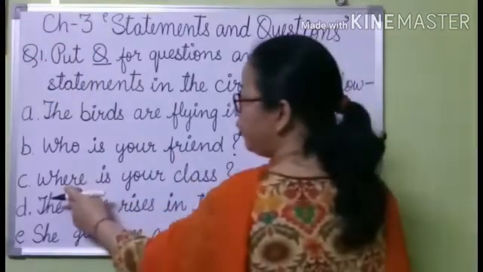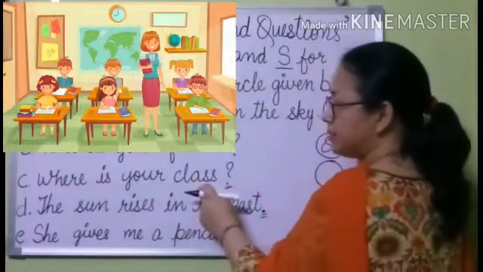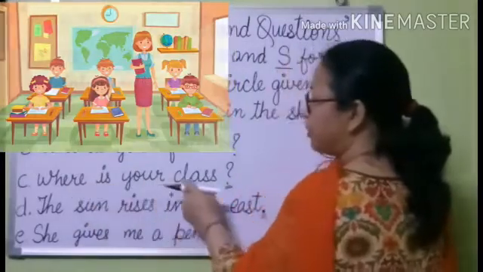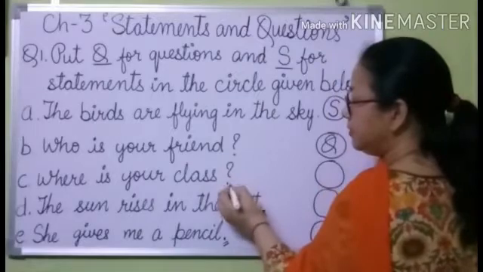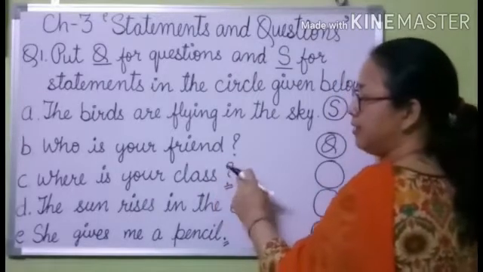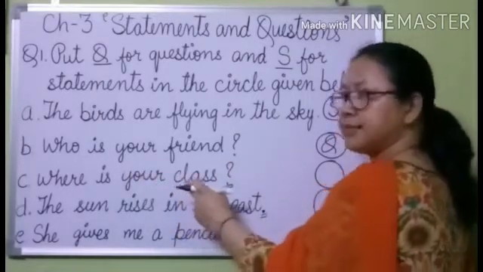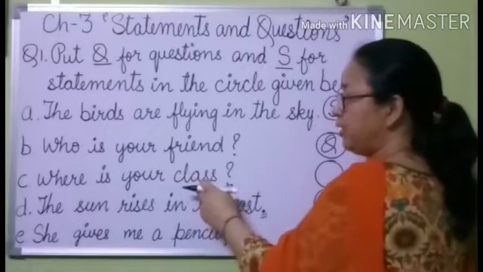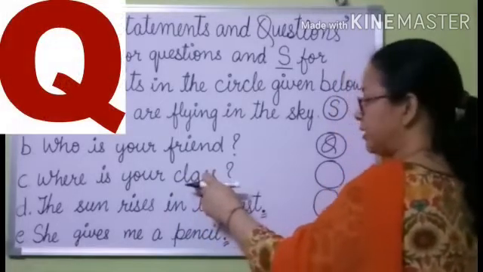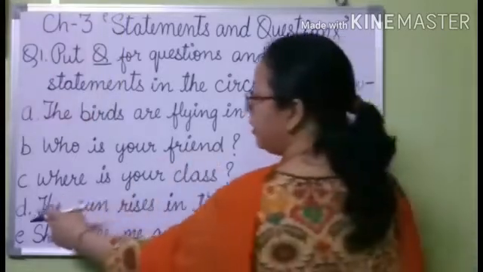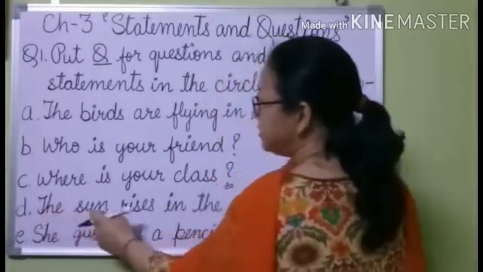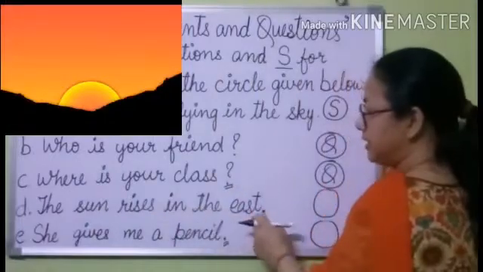In C, where is your class? Again, this sentence ends with a question mark and it is an asking sentence, so it is also a question. So we write here Q. Now in D, the sun rises in the east.